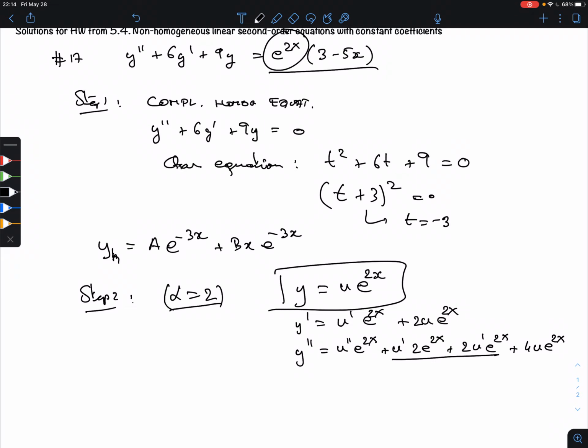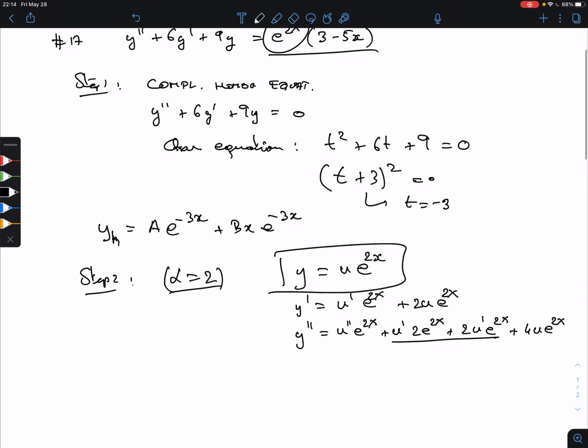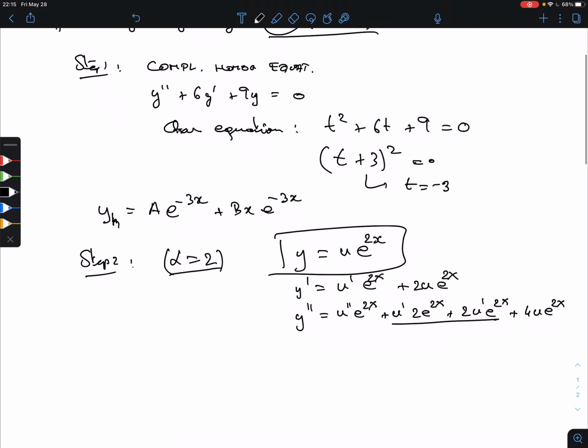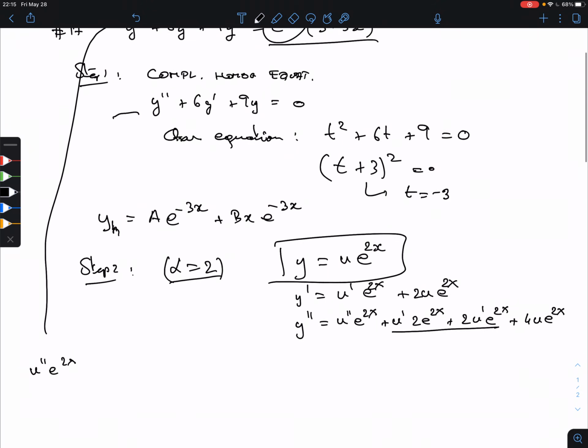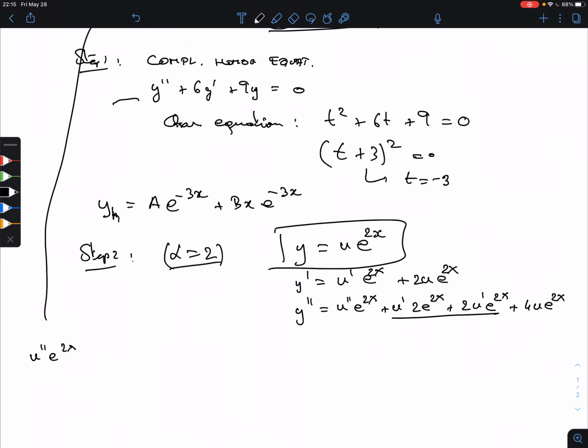You can see that these combine. You can do this now or you can do this later. Let me just not bother with it, and write down this equation. So I'm going to plug this into my general equation. I know there's an e to the 2x here. Because I don't like to write e to the 2x each single time, I can factor it out.